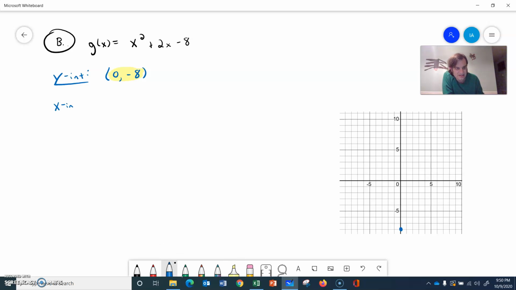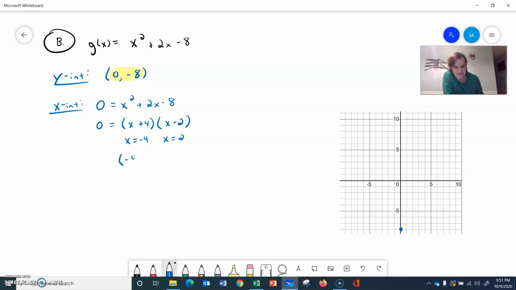My x-intercepts, let's see, I'll set y equal to 0, so 0 equals x squared plus 2x minus 8, and I believe I can factor this one as well. Two things multiply together to give me negative 8 and add up to be 2. I'll say that's x plus 4 and x minus 2, which gives me solutions of x equals negative 4 and x equals 2.